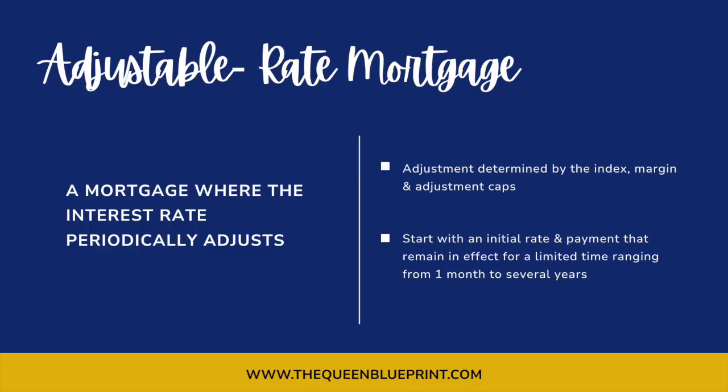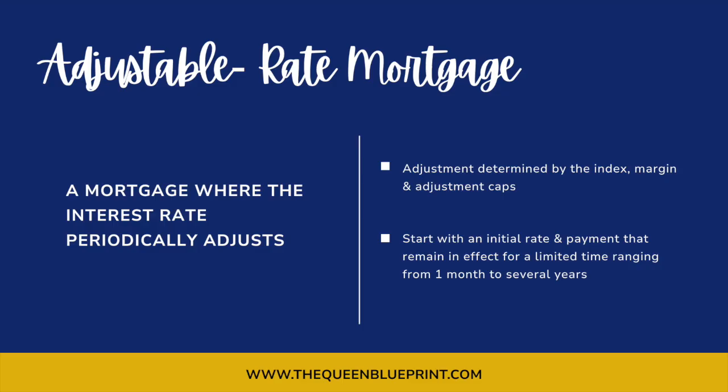Awesome. Fantastic. All right. Now, you may see what is called an adjustable rate mortgage also, okay? Now, this is a mortgage where the interest rate periodically adjusts, okay? So the adjustment is determined by the index, margin, and adjustment caps.